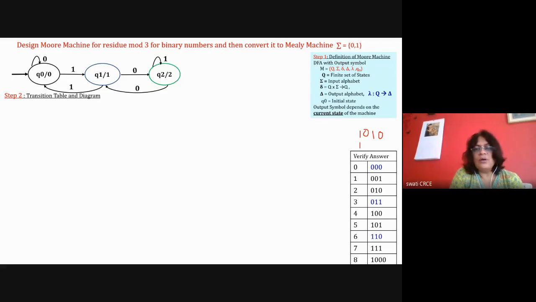Then for 0 it is becoming 10, so the output generated is equal to 2. Now it is in the state Q2. With 1 it is remaining in the state Q2, so the output generated will be 2. And then with 0 it is going back to Q1 where the output symbol generated is 1. So for the input 1010, the output generated is 1221.